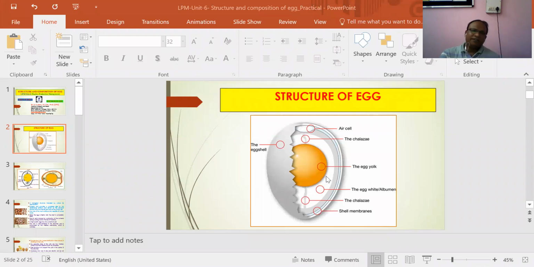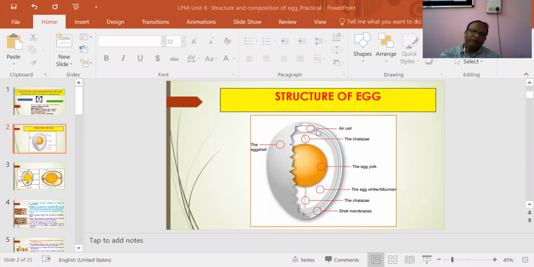After that there is a whitish portion, the proteinous portion, that is albumin, also known as egg white. After that there is a membrane just above the albumin, called the inner shell membrane, and a second membrane just below the eggshell, called the outer shell membrane.